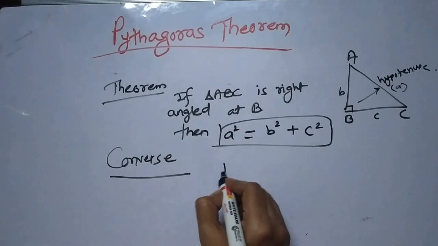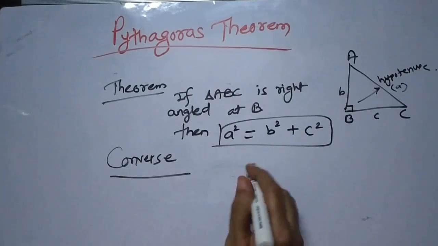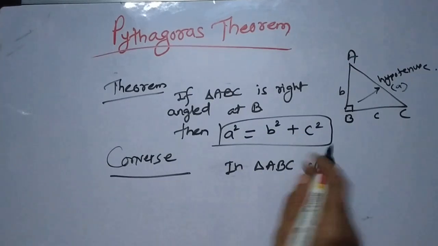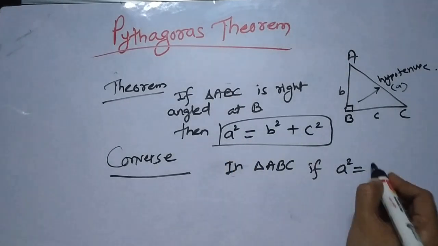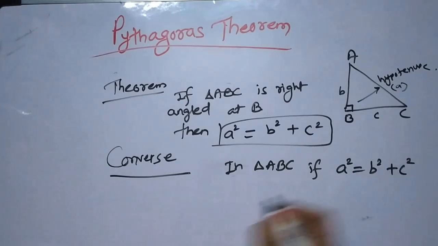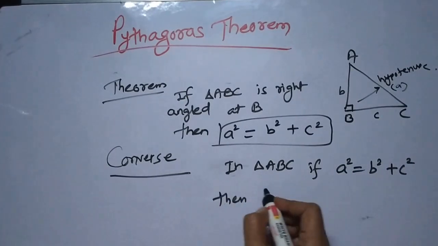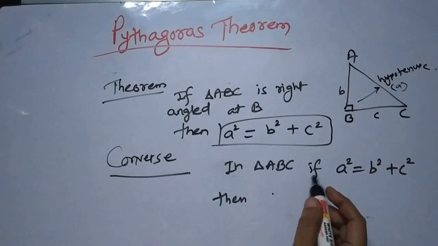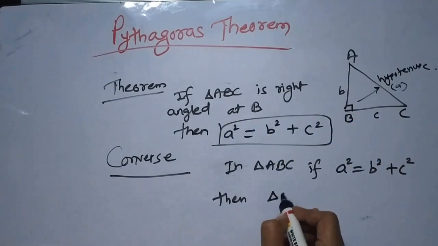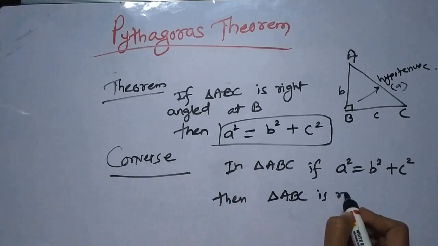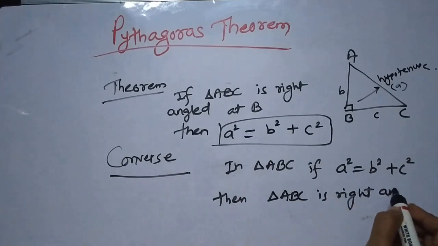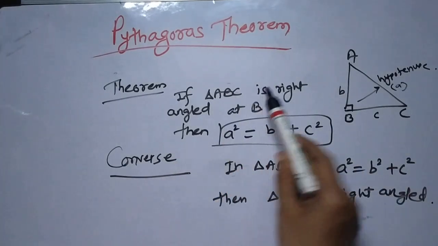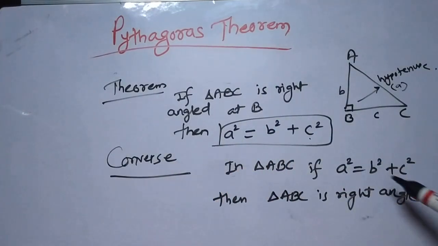That means suppose in a triangle ABC, if A square is equal to B square plus C square, then you can directly say that this triangle is a right angled triangle. So friends, if it is a right angle, then this is true, and if this is true, that means the triangle is right angled.